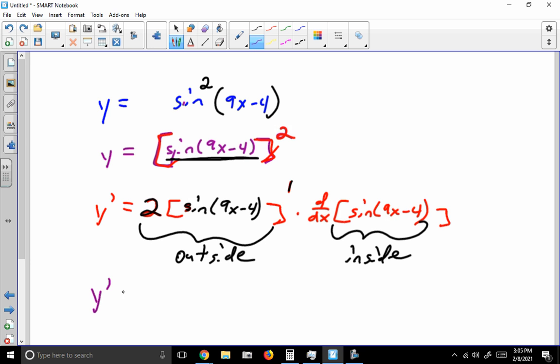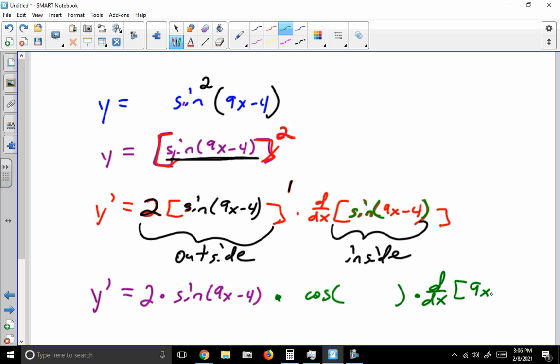All right, so out front, we have the 2. We have sine of 9x minus 4. All of that's to the first power. All right. Now let's work on this derivative. So this derivative, we have an outside function, which is sine, and we have an inside function. So the derivative of the outside function is cosine, and we have to multiply that times the derivative of what's inside there.